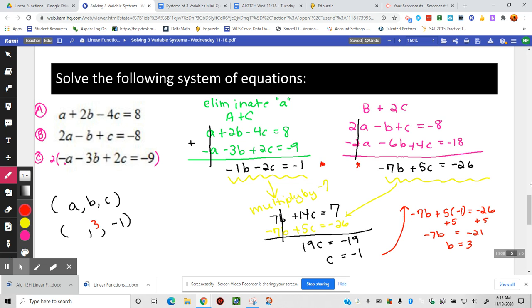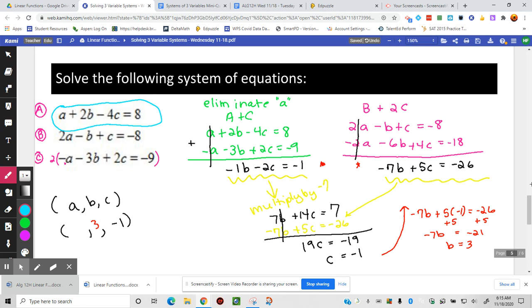Right? And now you're going to go all the way back to the beginning. You know C, you know B, now you got to figure out the last one. So here we go. I'm going to use this first one here. Right, I'm going to use this one right here. It does not matter. You can use any of these three to figure it out.